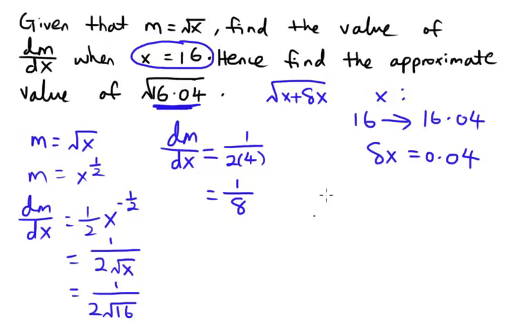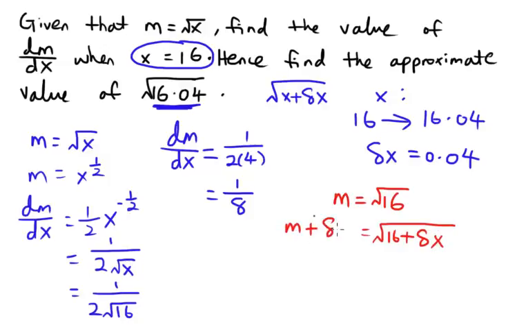Now, for the approximate value of the square root of 16.04, if we say the square root of 16 equals your m, because m is the square root of x, then if we have 16 plus delta x, m will have plus delta m. So a small change in x will cause a small change in m.